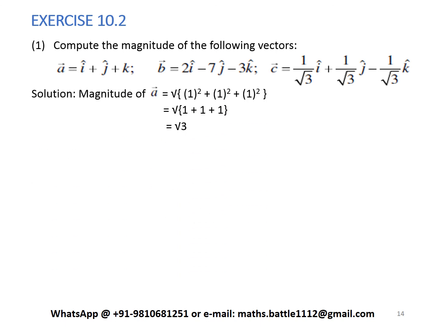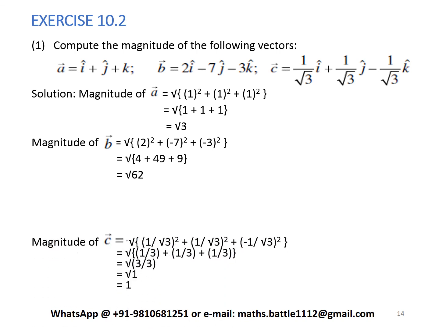We know the magnitude of a vector r is equal to square root of x square plus y square plus z square. So magnitude of A is equal to square root of 1 square plus 1 square plus 1 square is equal to square root of 3. Similarly, magnitude of B is equal to square root of 2 square plus (minus 7) whole square plus (minus 3) square is equal to square root of 4 plus 49 plus 9 is equal to square root of 62.